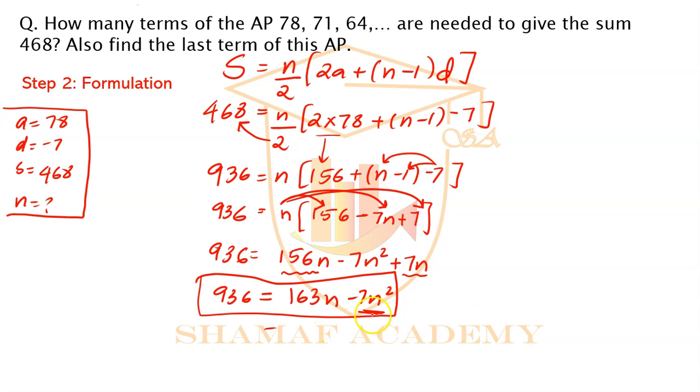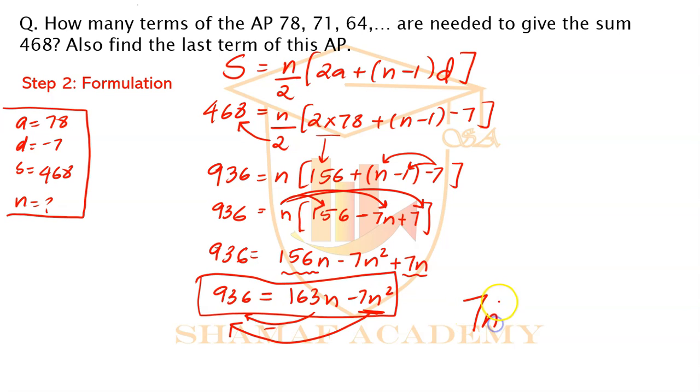So let's bring -7N square to the other side, and also let's move the 163N to the other side. When I move -7N square to the other side, will it become positive or negative? You tell me. It will become positive. I hope that's the answer that you have told.